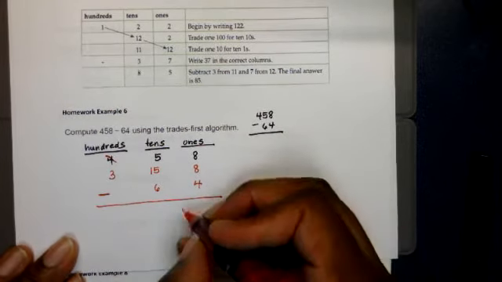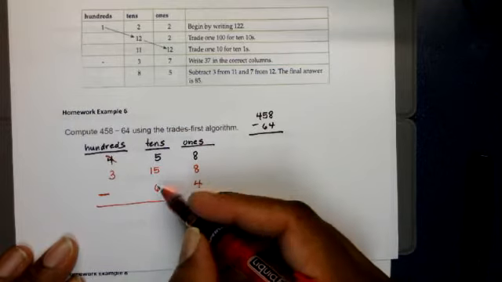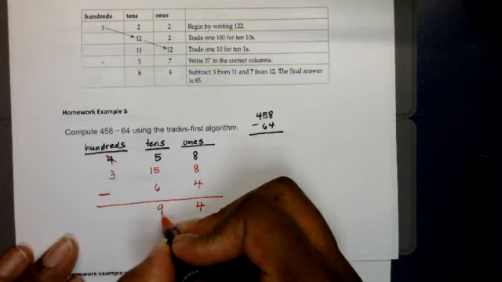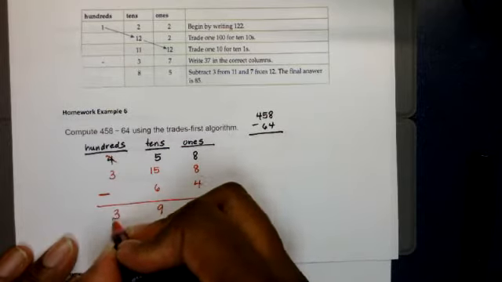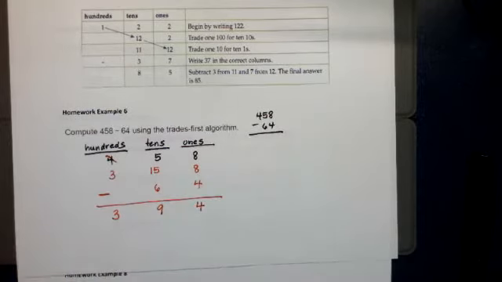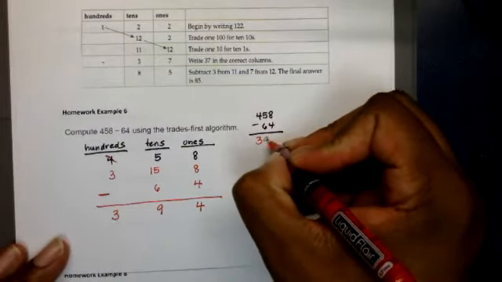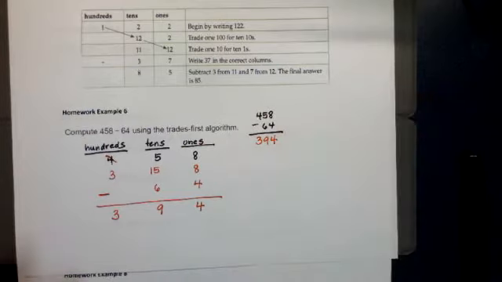Now, if I do 4 from 8, that will be 4. 6 from 15 will actually be 9. Now we'll bring down the 3. So I'm left with 394. So that means 458 minus 64 would end up being 394 using that trades first algorithm.